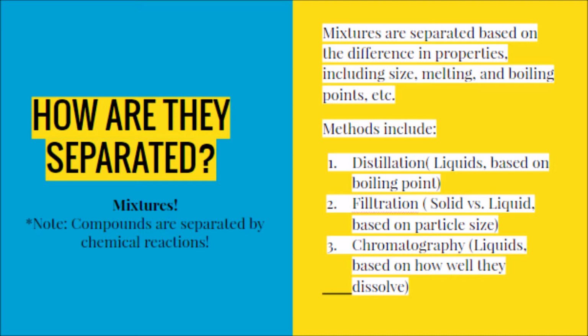Properties include size, melting point, boiling points, and other things. Methods include, number 1, distillation, which separates liquids based on boiling point, and number 2, filtration, solid versus liquids based on particle size, and number 3, chromatography, liquids based on how well they dissolve.